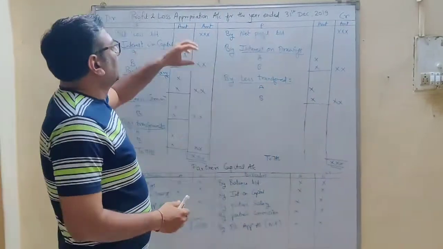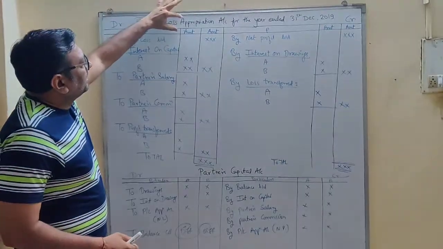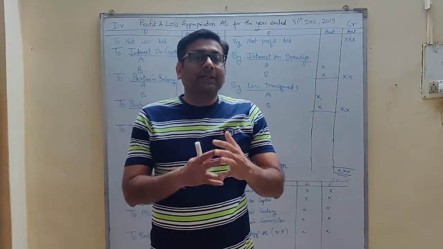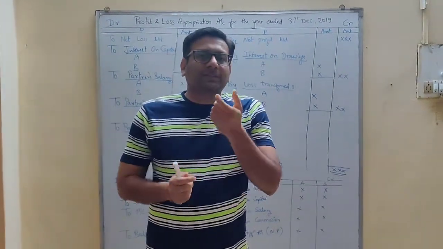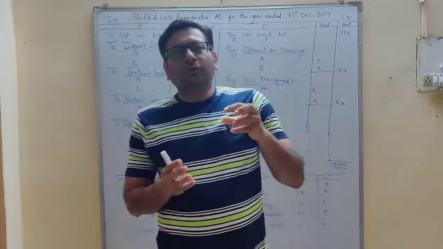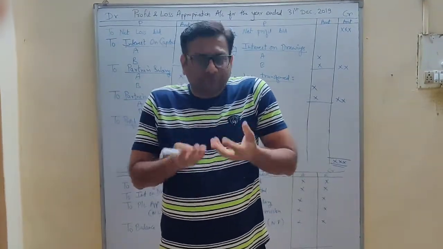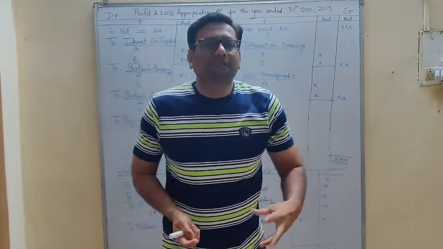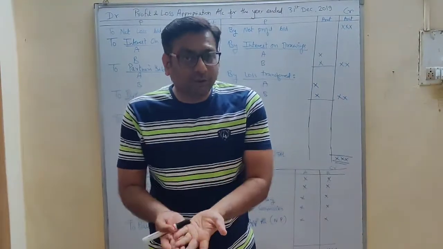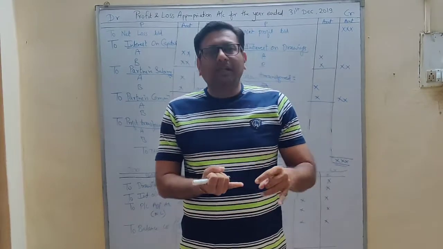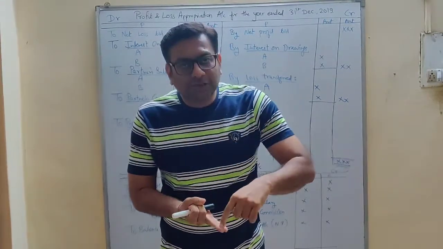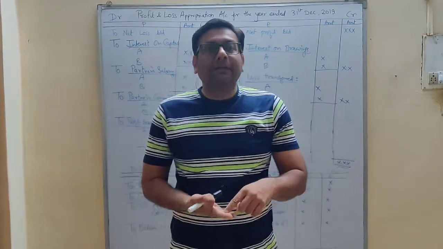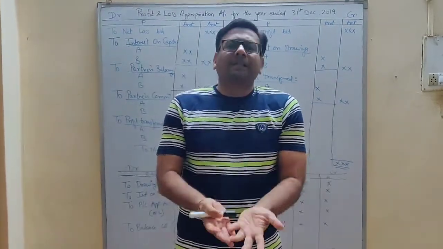Let's see now, profit and loss appropriation account. First thing, why do we need to make this? Now, appropriation word means we are going to allocate profit among the partners by way of giving salary, by way of giving commission to the partner, by way of giving interest on partner's capital, or maybe any other reason.